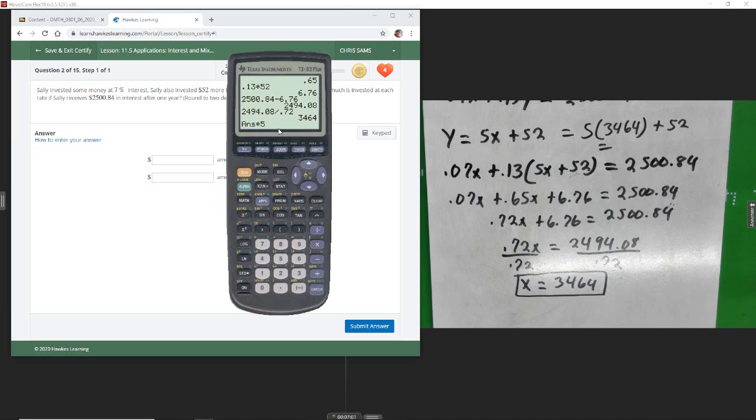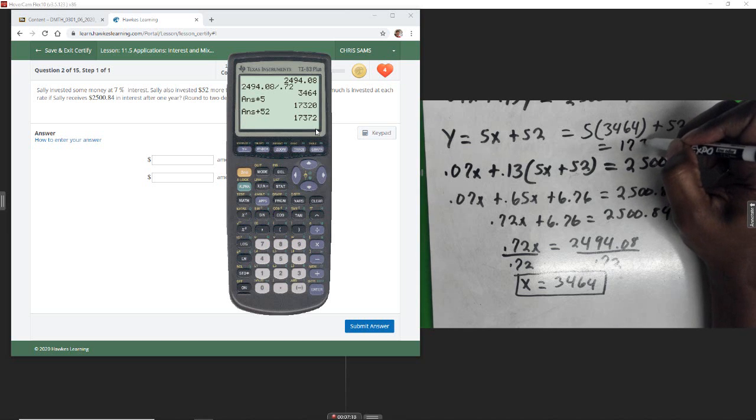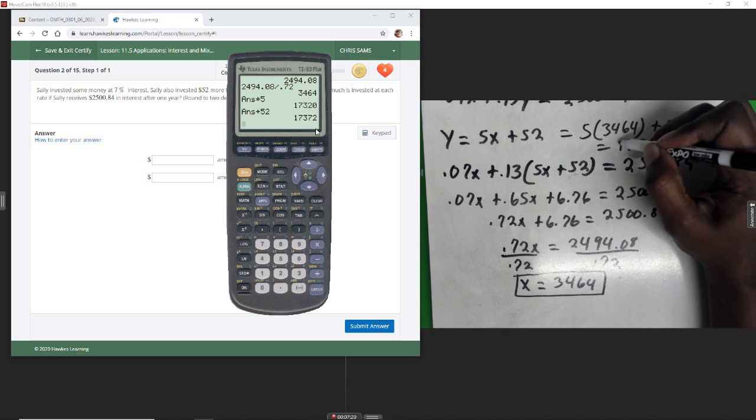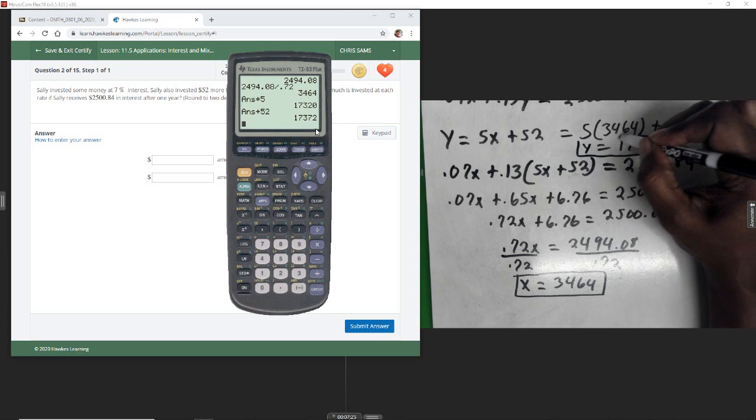If I just do times 5, it's multiplying it by that. And then if I add 52, that gives me 17,372. So this is y, that bigger amount of money.